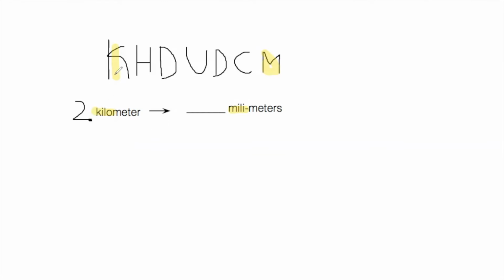Since K is on one end, right here, and M is on the other, you would have to travel a certain amount. You would travel from the K to the M. So it would be 1, 2, 3, 4, 5, 6. You would travel 6 spaces.